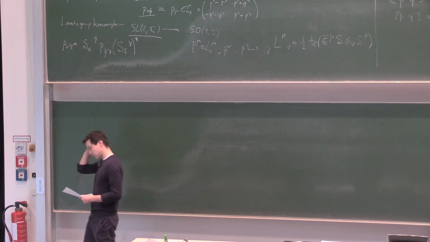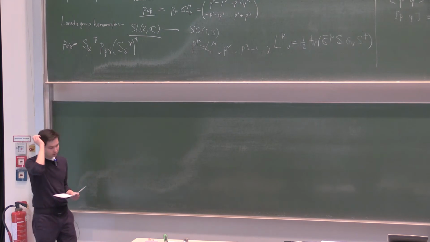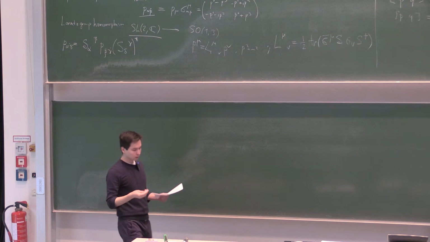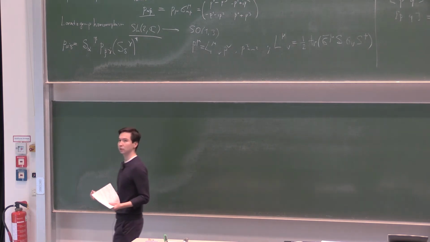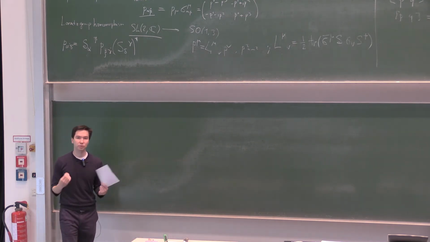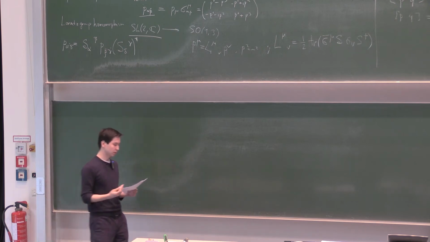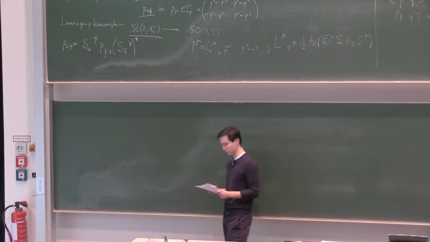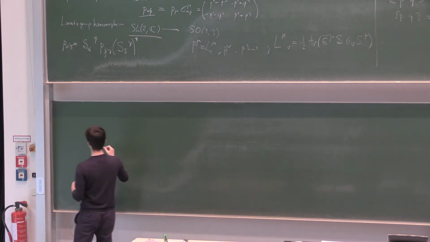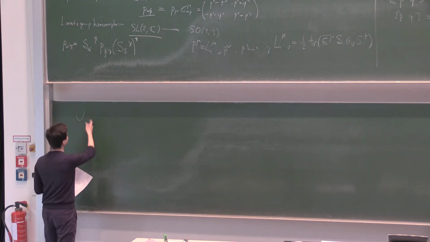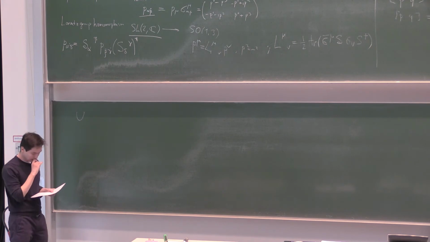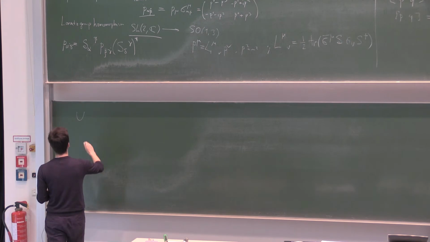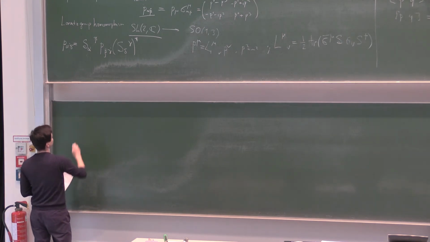So if we are in QFT, we must have some unitary representation of the Poincare group. So let us imagine that we have it. I will be calling it U, and let's exploit it to construct some states.